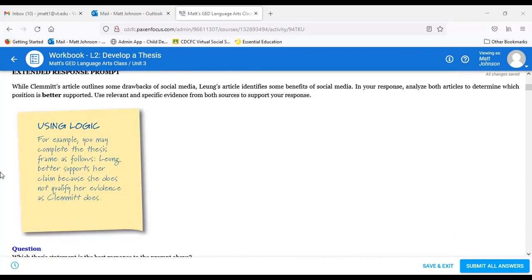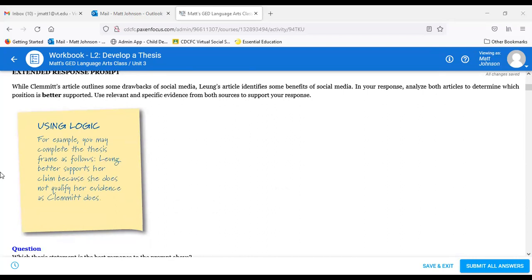Okay, and so the extended response prompt, right? So while Clement's article outlines some drawbacks of social media, Leung's article identifies some benefits of social media. In your response, analyze both articles to determine which position is better supported. Use relevant specific evidence from both sources to support your response. It doesn't matter what the passages are.